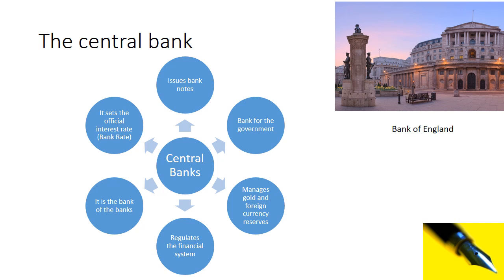The other two things the Bank of England do, you really only need to know in passing. It manages the gold and foreign currency reserves of the UK, which again will become more important next year when you look at things like exchange rates. But it also regulates the financial system. It's a watchdog.